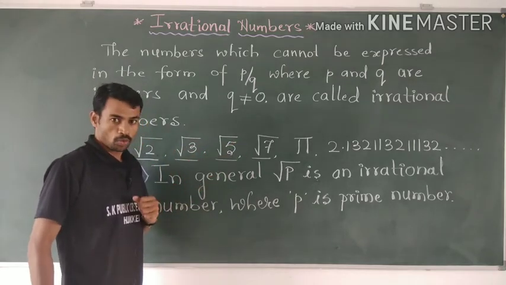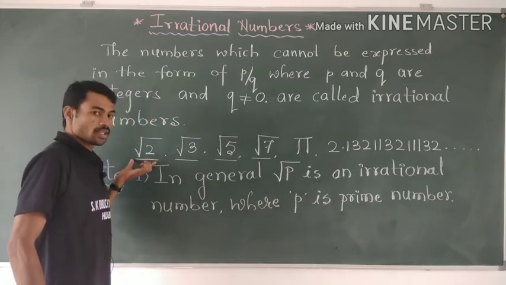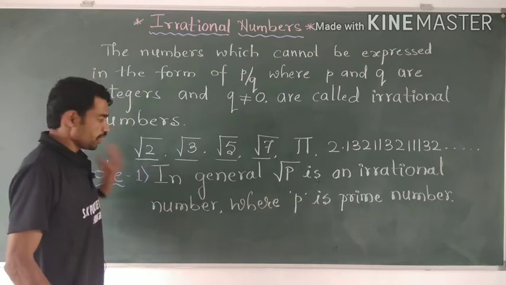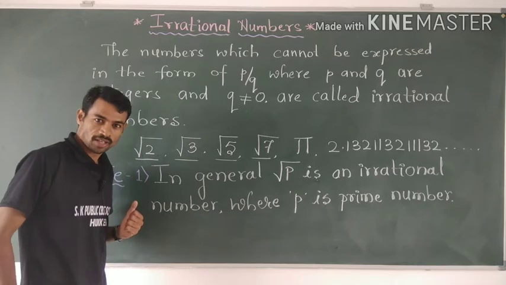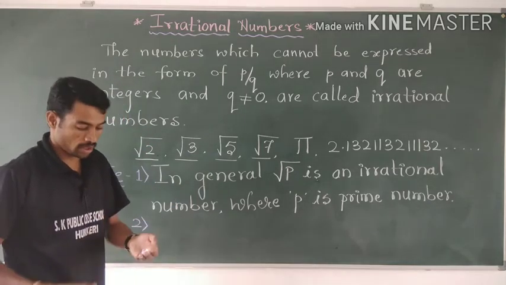And we have to prove that root 2 is an irrational number. We can't say orally that root 2 is an irrational number. That is the first point we have to remember.